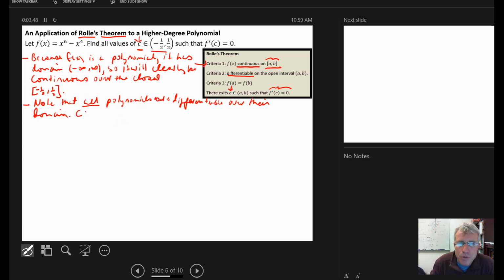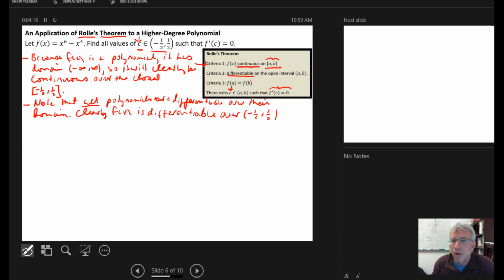So clearly, because f of x is a polynomial, clearly f of x, our function, is differentiable over the given open interval. So we meet criteria 2.